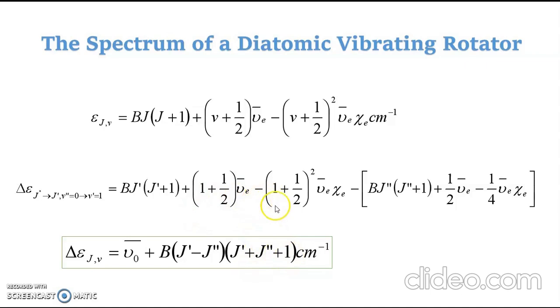You must calculate it and should come to this expression where the mu 0 bar you should get as mu E bar into 1 minus 2 chi E. As chi is a very small quantity, we will approximate it as mu 0 bar for simplicity.